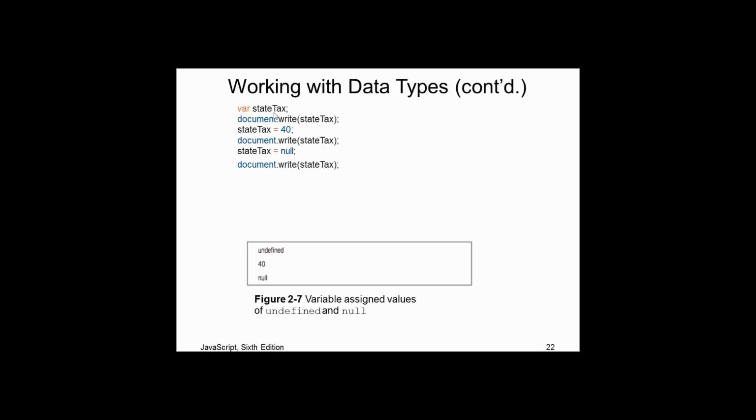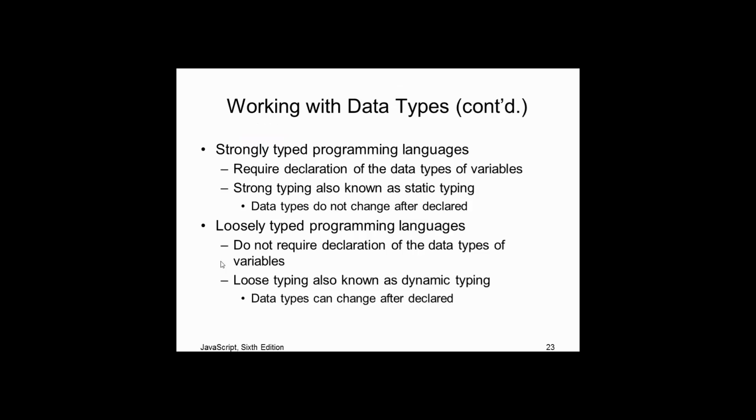It never has received a value. Then we put it in a document.write statement, and you can see it prints out undefined here. If we change the state tax to equal 40, it'll print out 40. We can then change it to be null, and it'll print out null. Those are all different values for a variable, and you could test your variables against null and undefined to see if it has a value.